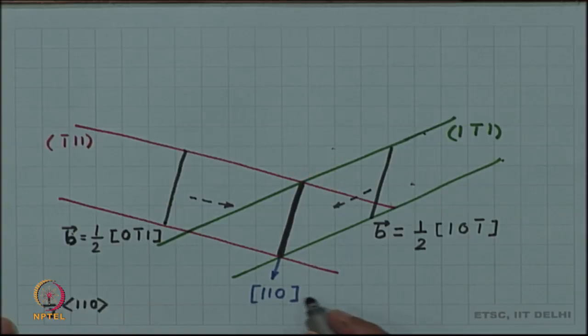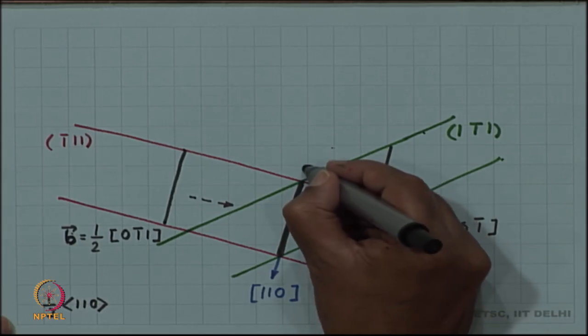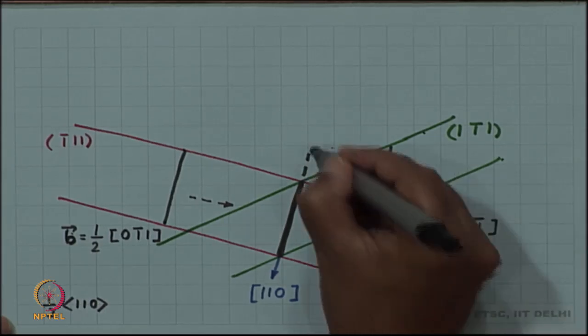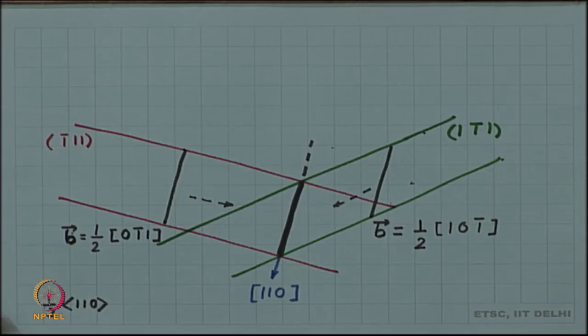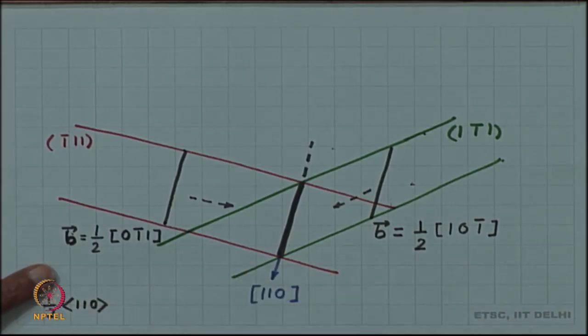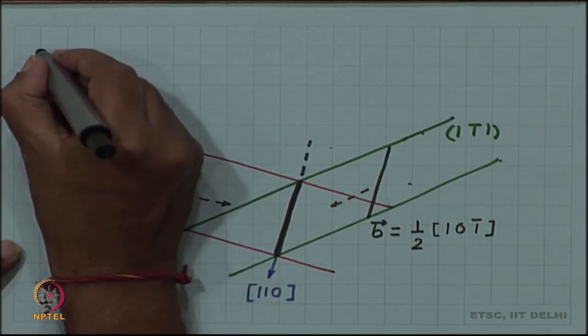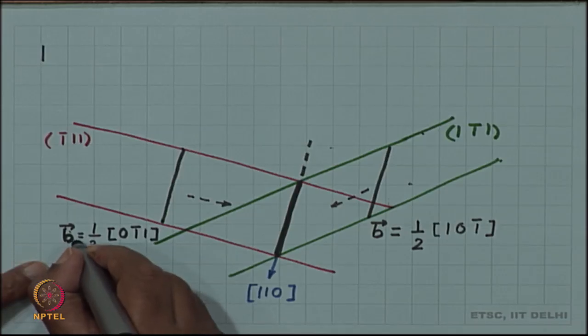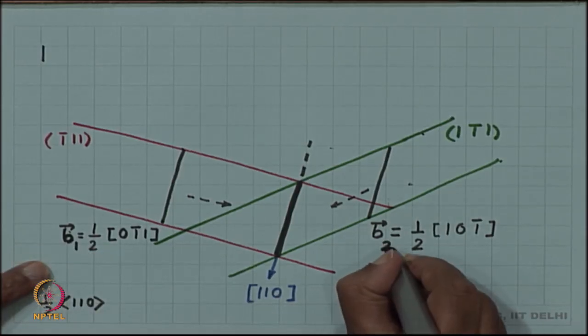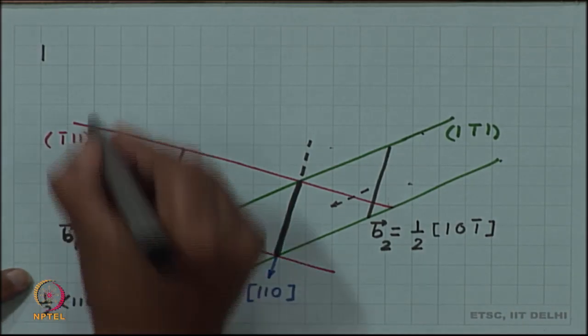First, let us find the Burgers vector of this composite dislocation. We know that the Burgers vector of a dislocation which is produced by a combination of two dislocations is the sum of the two Burgers vectors. So, let me call this b1, call this b2.